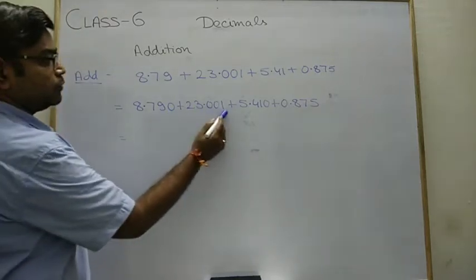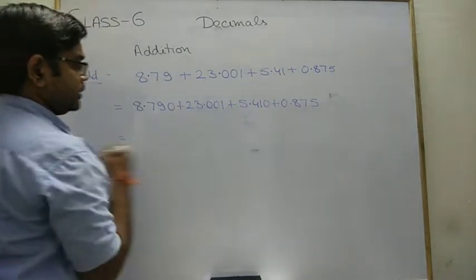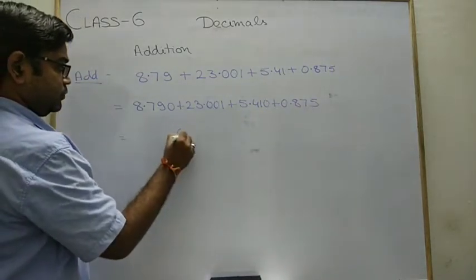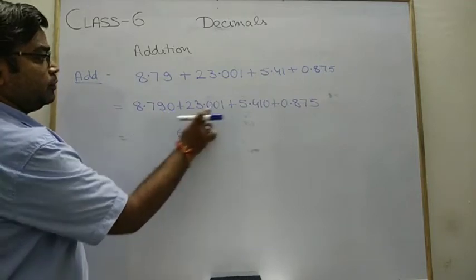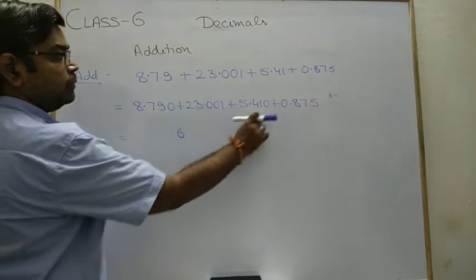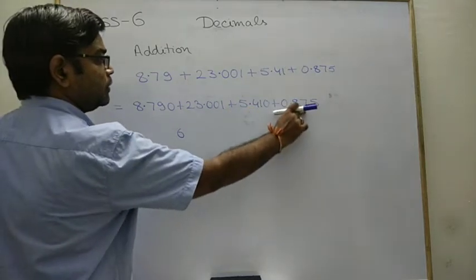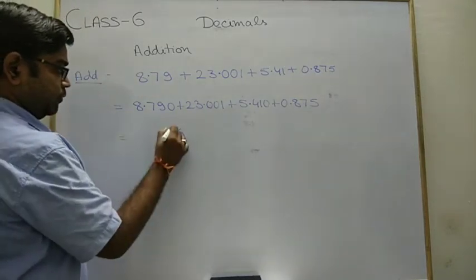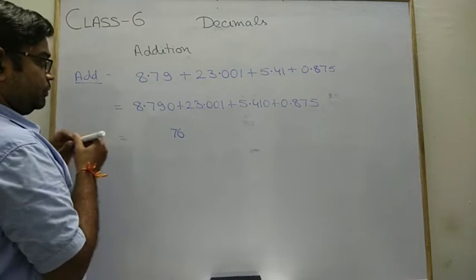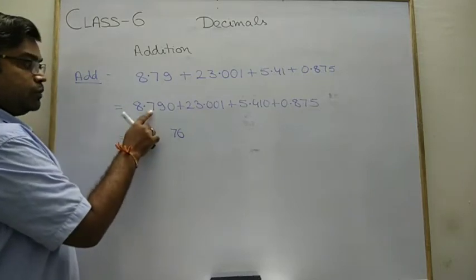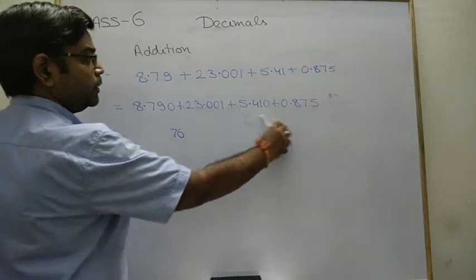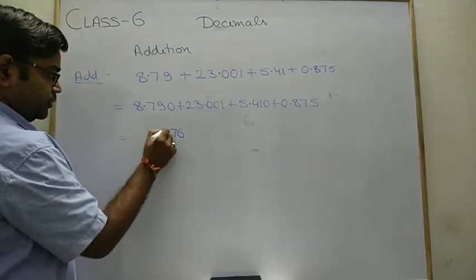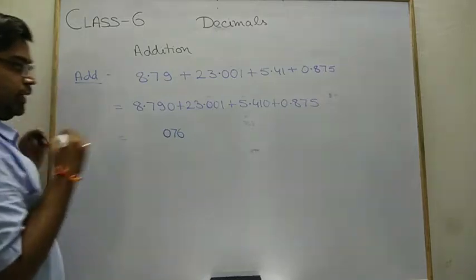Now 0 plus 1 plus 0 plus 5, it's 6. Then 9 plus 0 is 9, 9 plus 1 is 10, 10 plus 7 is 17, 7 and 1 carry. Now come to the next column: 7 plus 1 is 8, plus 0 is 8, plus 4 is 12, plus 8 is 20. 2 carry.